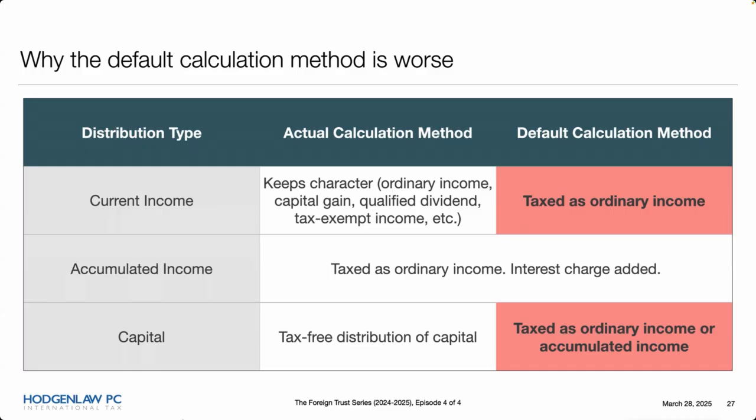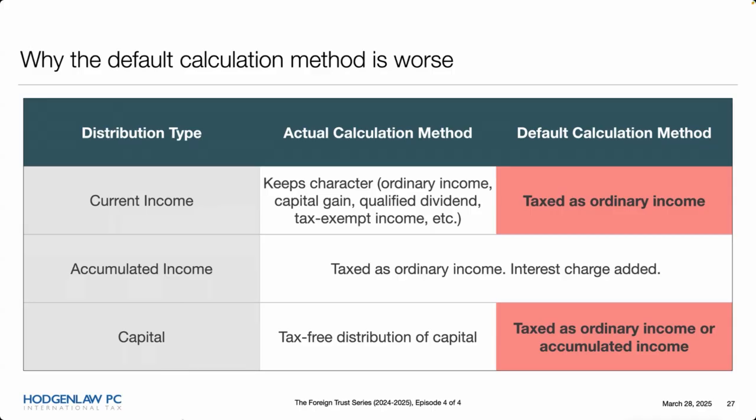The third one, which is just awful, is capital. So a distribution of capital from a foreign non-grantor trust using the actual calculation method is just a tax-free distribution of capital to the beneficiary. For the default method, however, it's a distribution and it's going to be allocated either as ordinary income or distribution from accumulated income, depending on how the formula works.